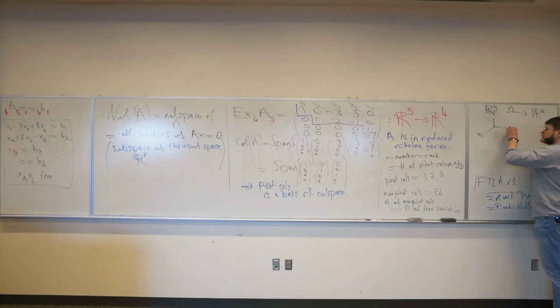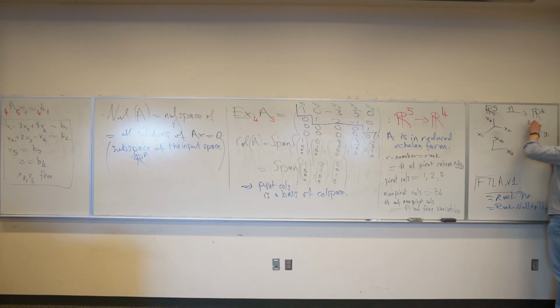Let's say these are x1, x2, x3, and then two more axes, x4, x5. And here I have two dimensions, y1, y2, y3, y4.